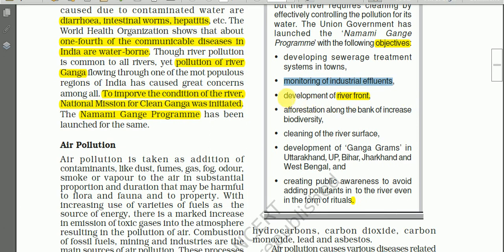Then development of riverfront to control river pollution. So what is a riverfront? Actually, a riverfront is the lane by the side of a river. Then how to develop the riverfront? The riverfront is lined with marinas.